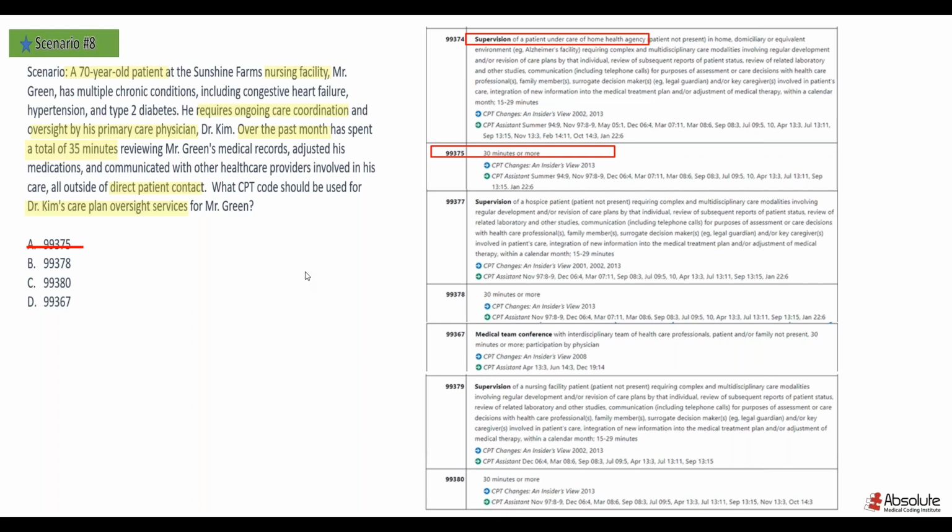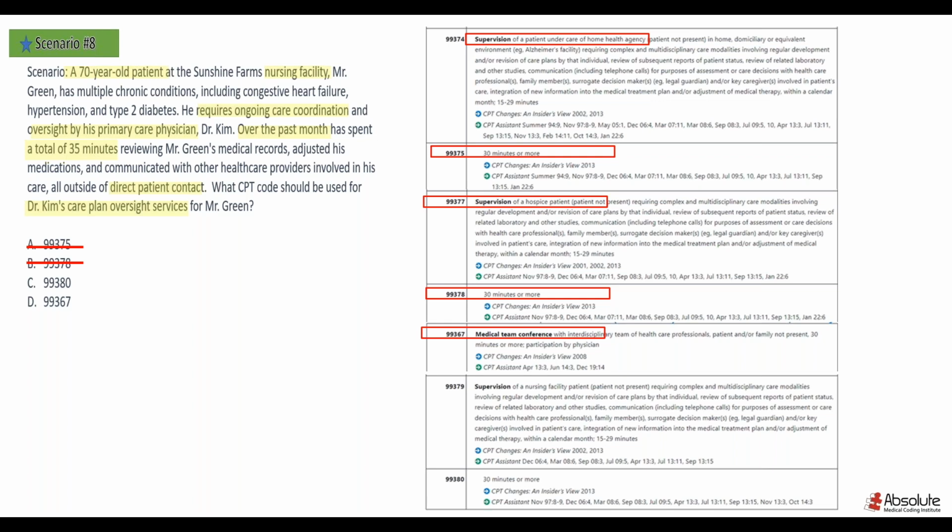So option A is incorrect, and option B is coding for supervision of a hospice patient, 30 minutes or more. Once again, it's the wrong patient. We are coding in 99378. We have nursing facility oversight care services which were provided, and option B is also incorrect.